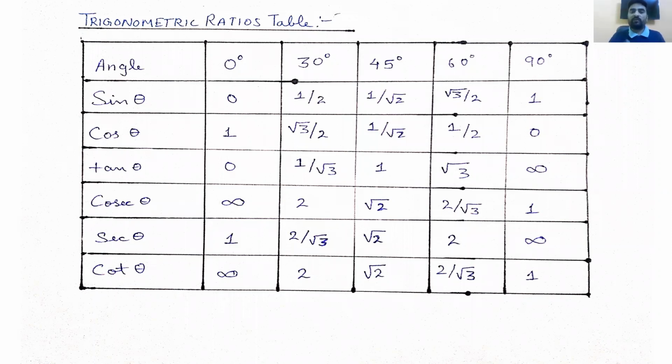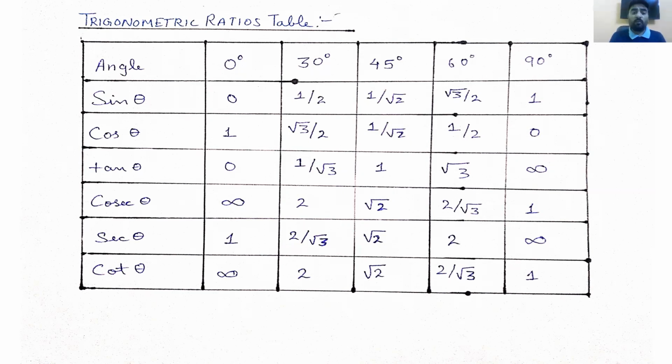Usually we will be using these angles only: 0, 30 degrees, 45 degrees, 60 degrees, and 90 degrees. If you can observe certain things in this table, you can see the value of sine 0 is 0, sine 30 is 1 by 2, sine 45 is 1 by root 2, sine 60 is root 3 by 2, and sine 90 is 1.